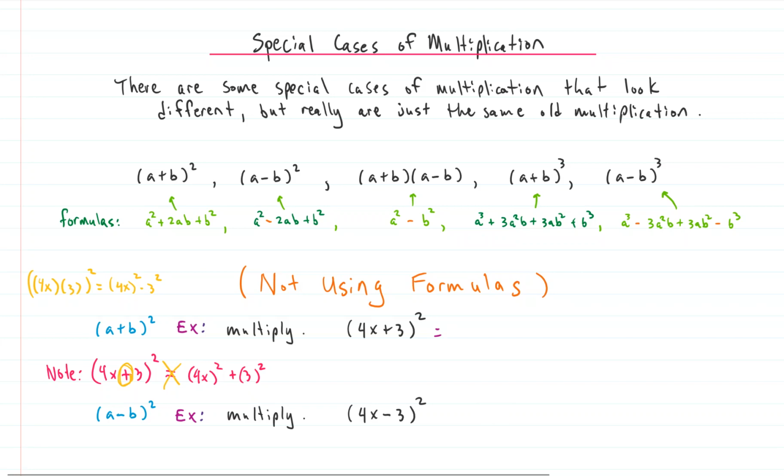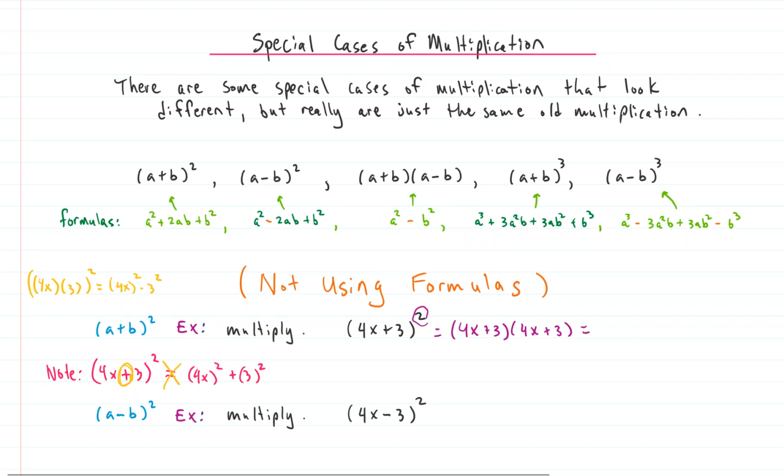So we really have 4x plus 3. Whoops. 4x plus 3. And our exponent says there are 2 of them, so we have 2 of them multiplied by each other. And now we just multiply.